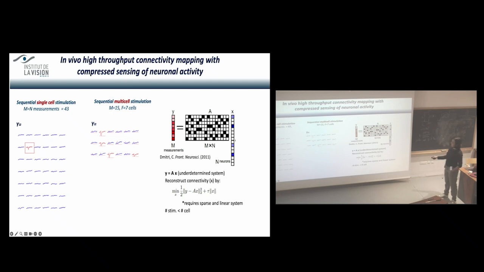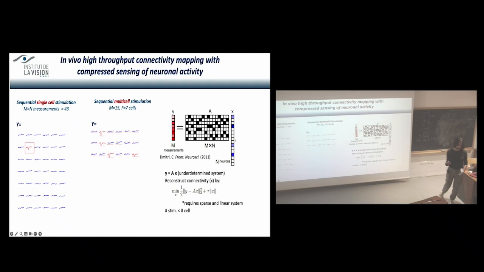You can either use the same number of experiments as unknown parameters, fine, this is what we do here. But you can also reduce the number of experiments, so you have a matrix where the black entries are the cells that are activated. This is an underdetermined system, so in principle you cannot find a unique solution. But in practice, this is exactly what you would do in compressed sensing for imaging.